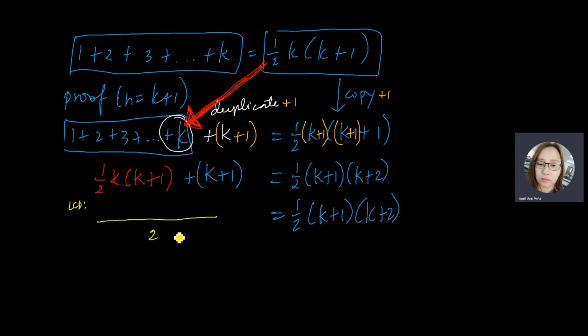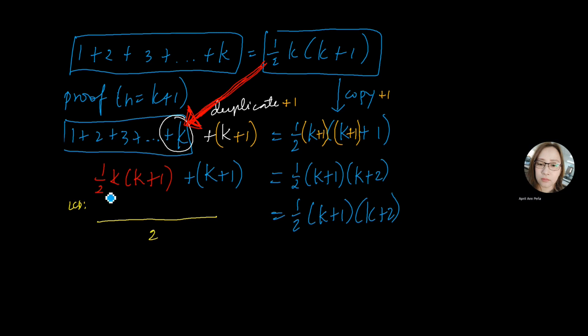It would be 2. Usually, if you look at the right side, there's already a clue of what the LCD is. Since the denominator on the right side is 2, automatically the LCD is 2. That is just a clue.